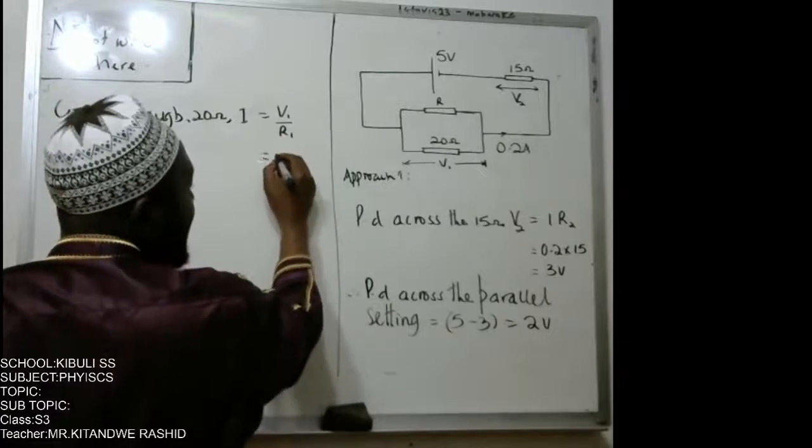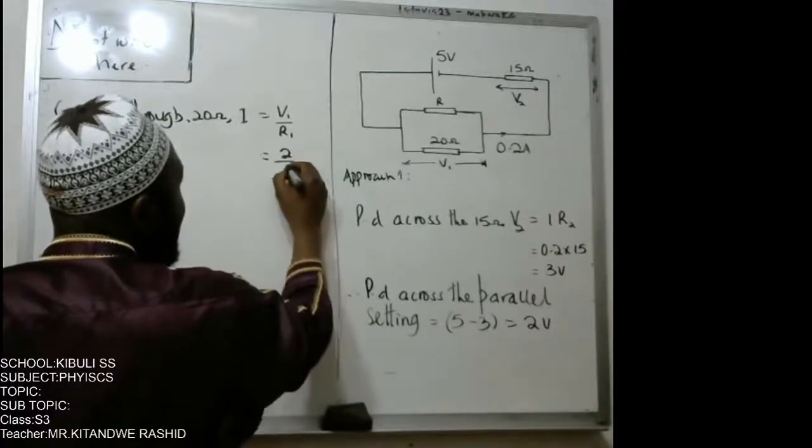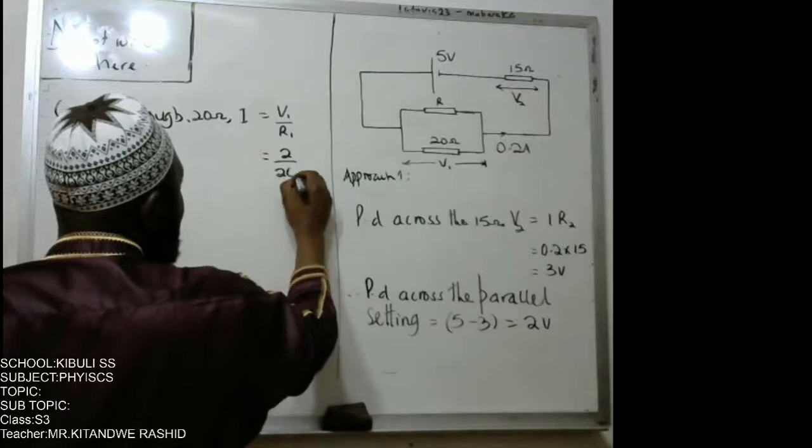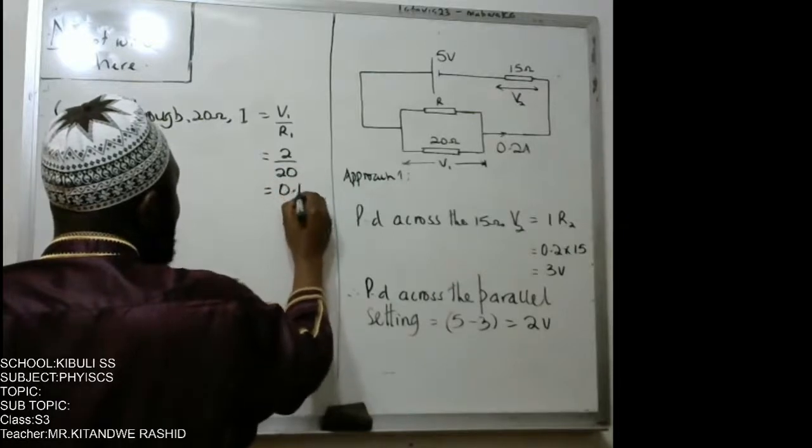That is 2 divided by 20. You get the answer to be 0.1 ampere.